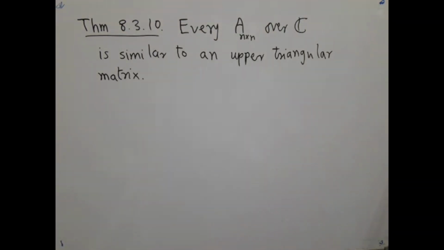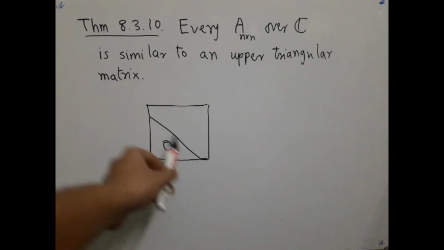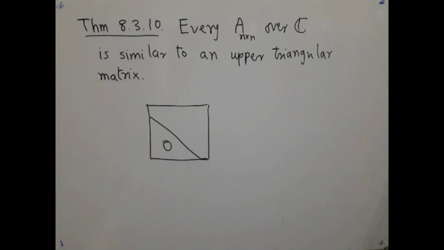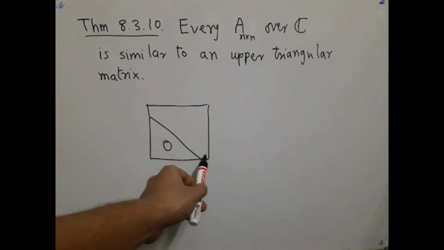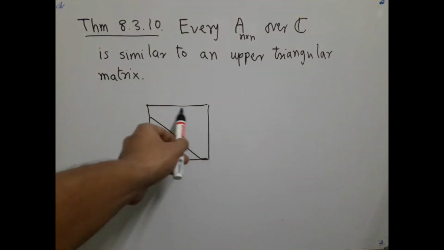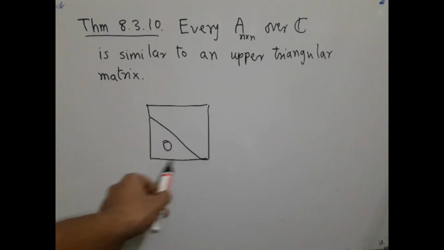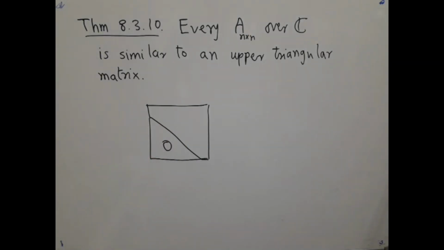Now, upper triangular matrices are quite easy to work with. And just as a quick reminder, remember that an upper triangular matrix is one where the strict lower diagonal half is 0. The diagonal entries may or may not be 0. Here I have may or may not be 0, but this part must be 0.